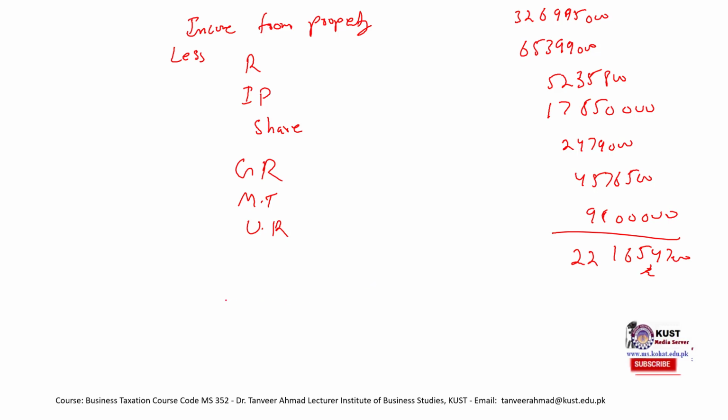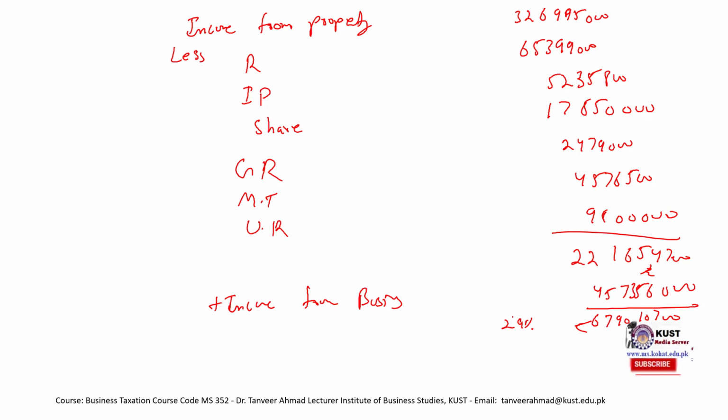Then we add the income from business, which was 4,573,56,000. Okay, once we add this up, we would calculate 29% on this amount.